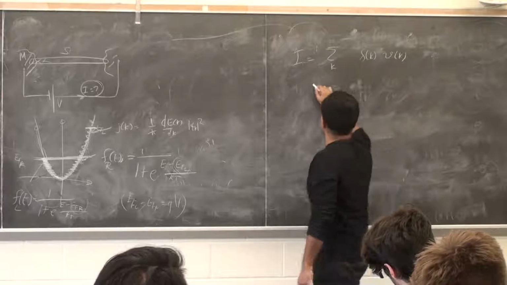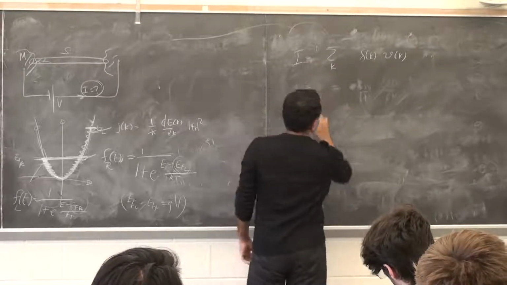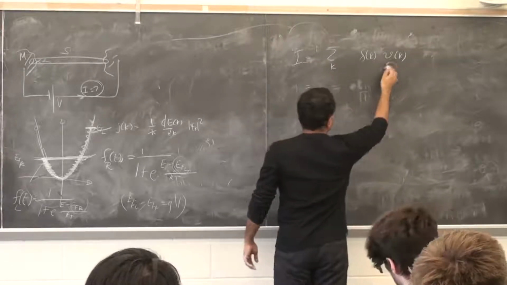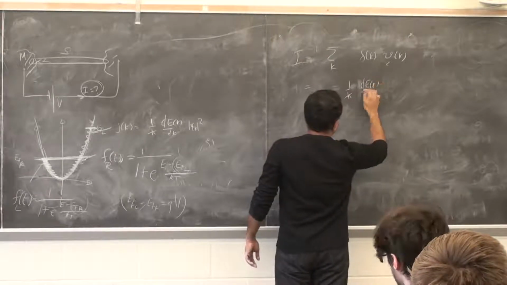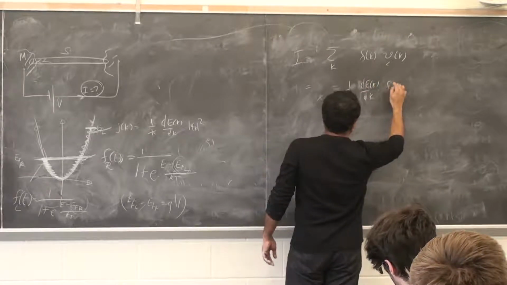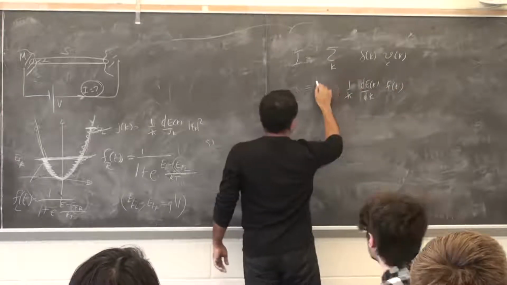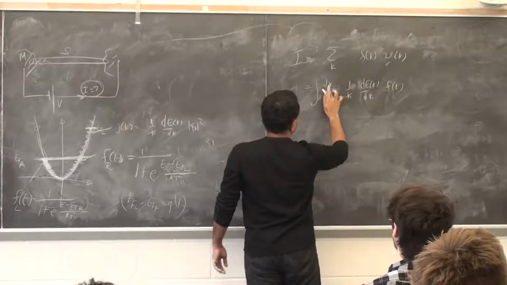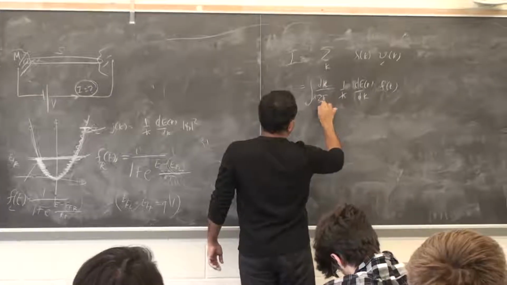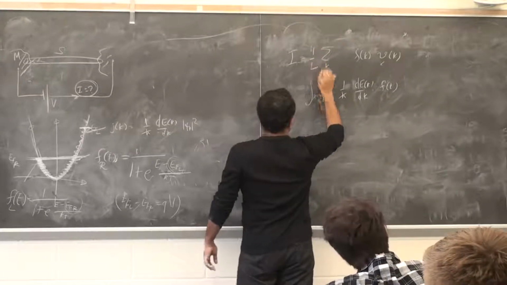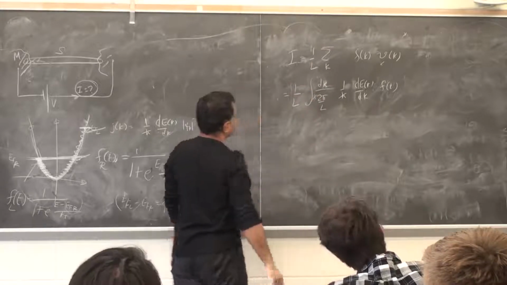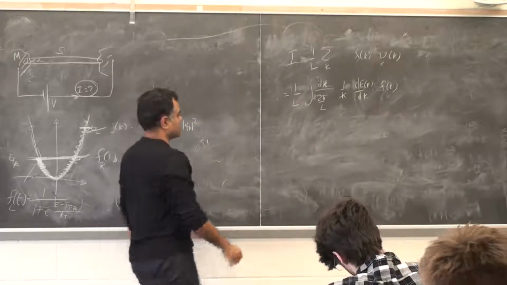And velocity we already found was 1 over h bar dE by dk, times f of k. And the sum I can convert into an integral if I'm doing 1D transport. Sorry, I should have a 1 over L. If I'm doing 1D transport, this is my expression.